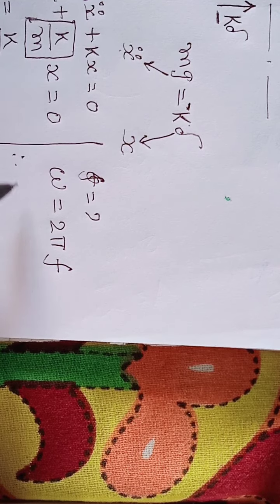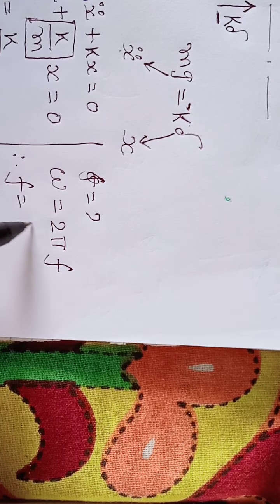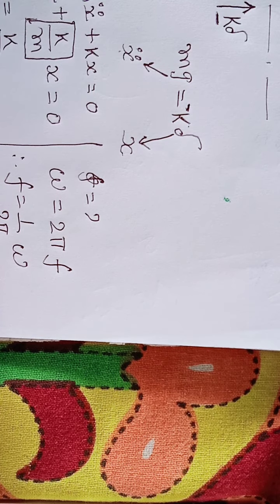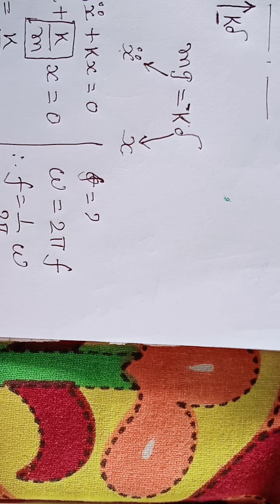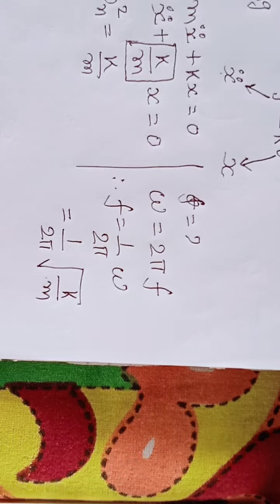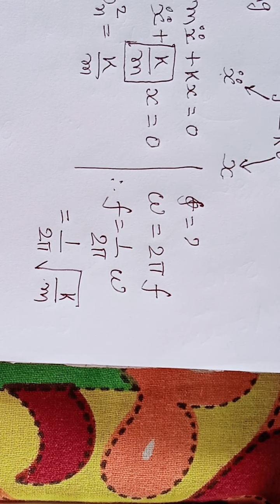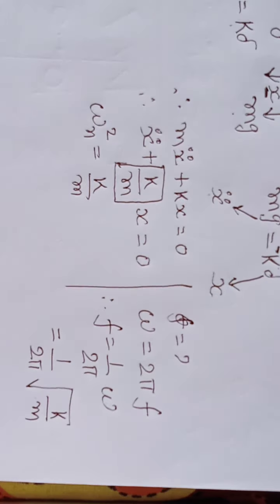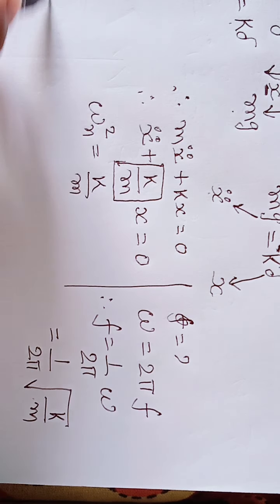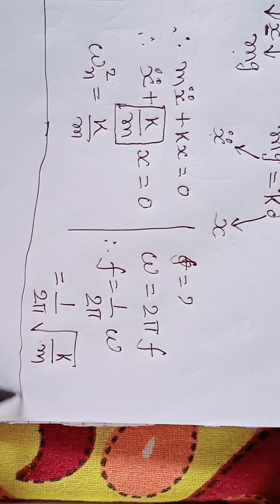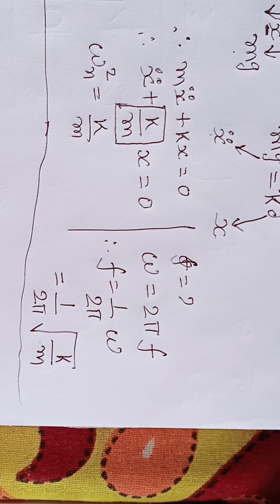Therefore f is equal to omega upon 2 pi, so it is equal to 1 upon 2 pi square root k by m. Okay, now these are the basics. One should keep this in mind.